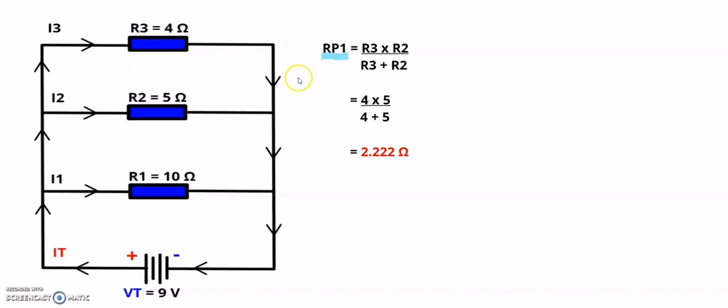Next I'm going to get the total resistance, because now I have R parallel 1 in parallel with R1, and that is going to be my total resistance of the circuit.